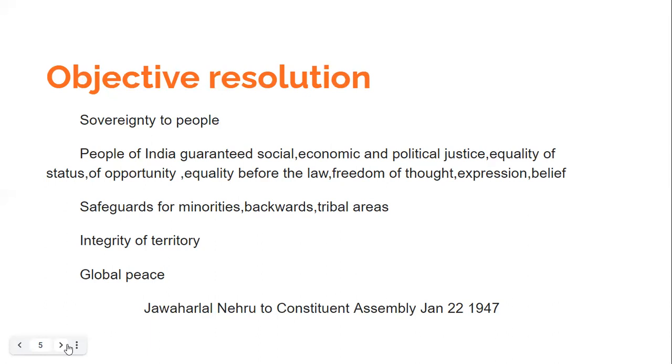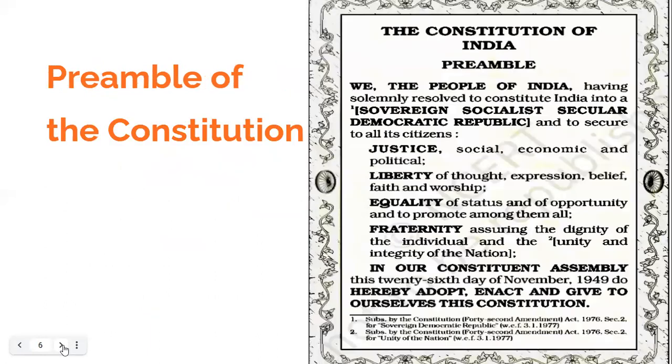And he also had a global vision, which was spelled out in his vision of non-alignment, about global peace and international solidarity, which was also to be reflected in the Indian Constitution. So these were his ideas when he spoke in front of the Constituent Assembly on January 22, 1947. A very, very interesting speech.